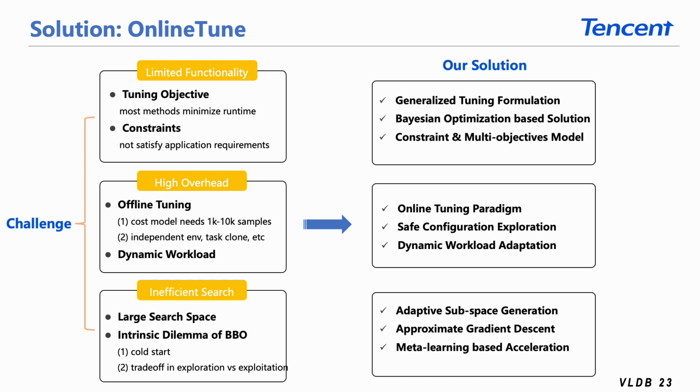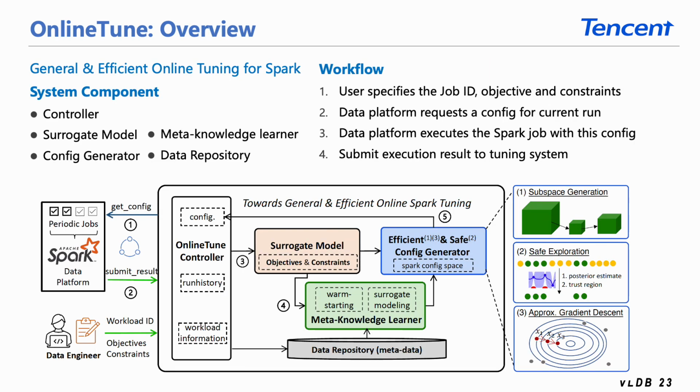This figure presents the workflow of OnlineTune, which contains 5 components. The OnlineTune controller is responsible for orchestrating the entire configuration tuning process, along with interactions with the data platform and the users. The multiple-purpose surrogate models are to learn complex relationship between configurations and objective metrics or performance constraints.